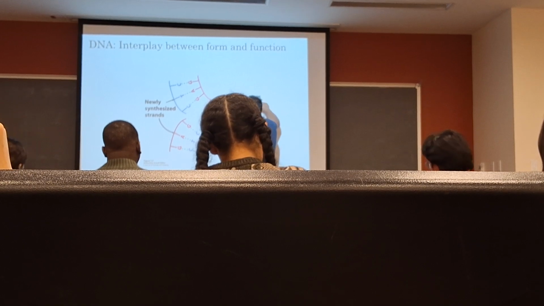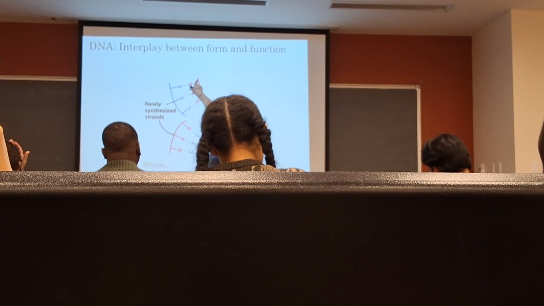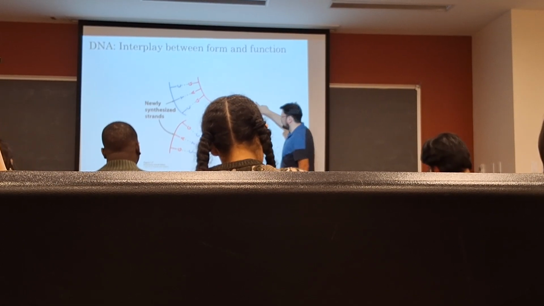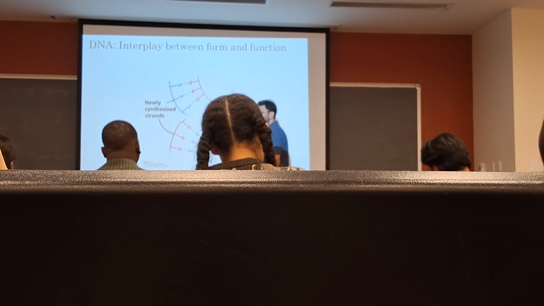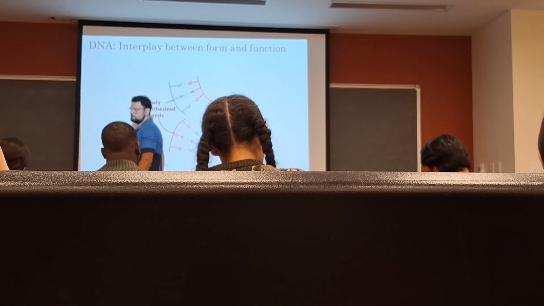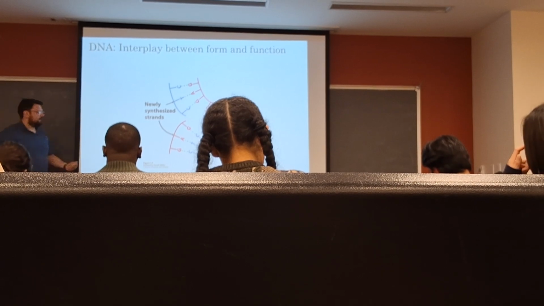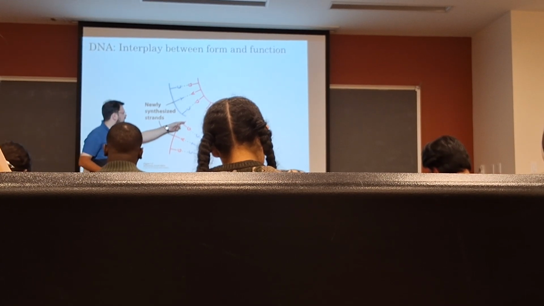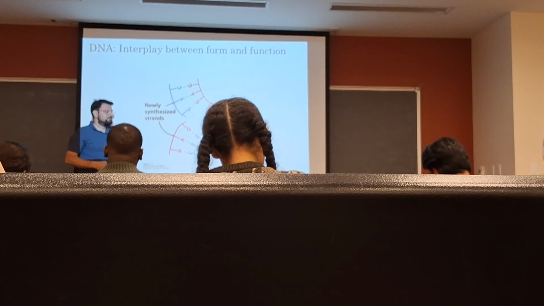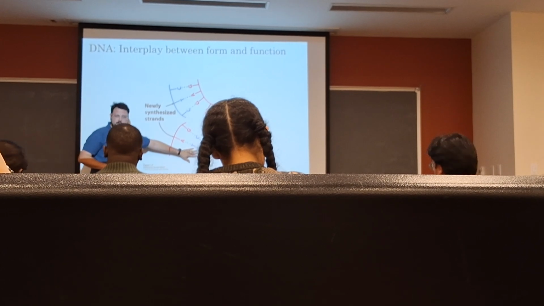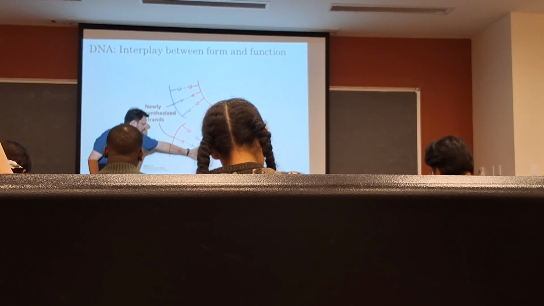Well, now this gives us a little bit of an edge, because if we know the sequence of one strand, we immediately know the sequence of the corresponding strand. So by pulling the two strands apart, we can now synthesize a new strand. All the information for the other strand is already encoded on the parental strand.